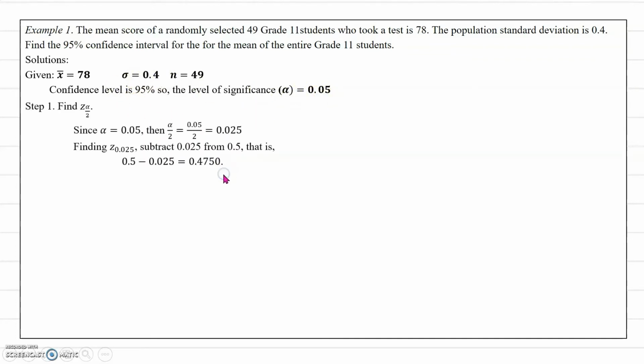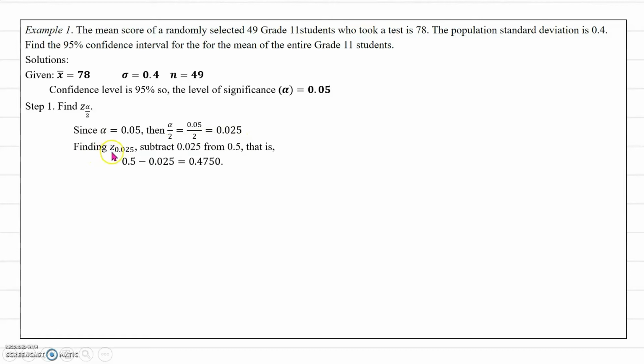Okay, so step 1, let's find z sub alpha over 2. Since alpha here, the level of significance, is 0.05, alpha over 2 is equal to 0.05 over 2, and that is 0.025.